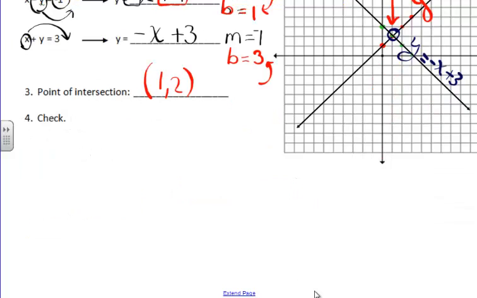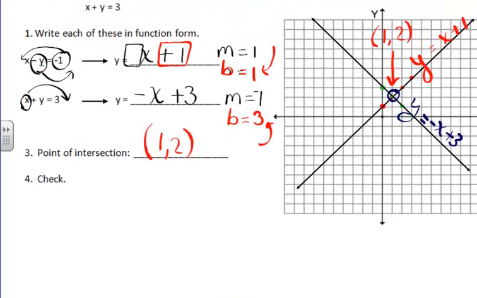So I'll start with one of my original equations, which is x minus y equaling negative 1, plugging in my point of intersection, 1 minus 2. Does it check? Negative 1 equals negative 1. It does.